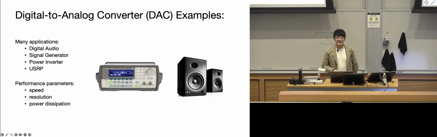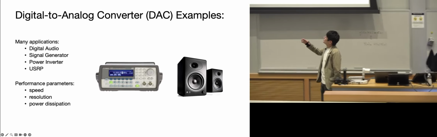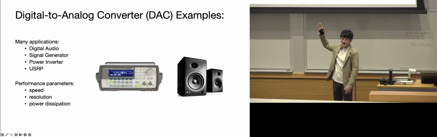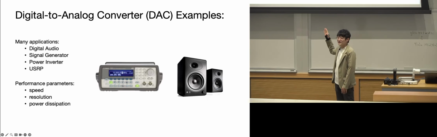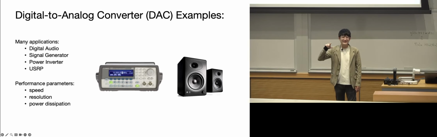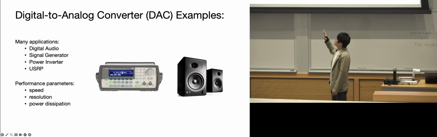What would be a good example of a DAC in real life? From the electronic workshop perspective, it will be this device. It's called a signal generator. Have you used this already or not yet? Okay, I see a lot of nodding heads, so I assume you are very familiar with this.